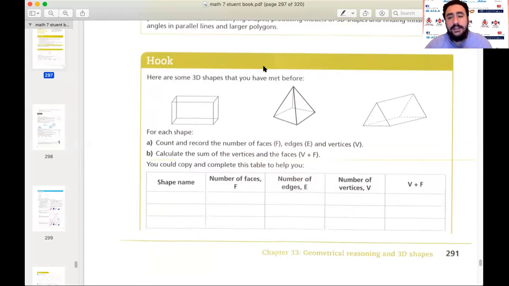And we have two other shapes, which are prism and pyramid. Prism, if it has a cross section all the way along it. Pyramid, if all the faces are triangles and they meet at one vertex. So it's going to be a pyramid. So this one, what do we call this one?